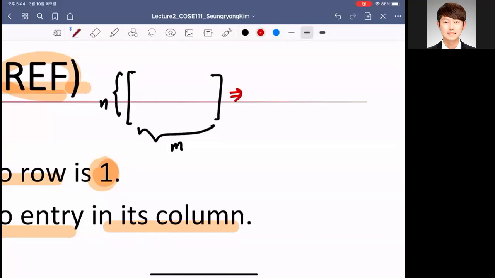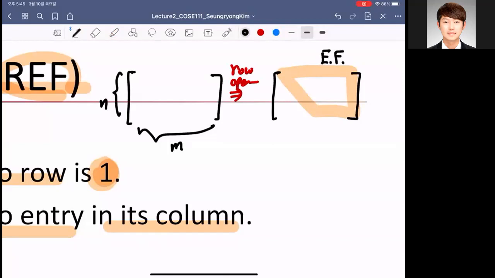By using row operations, if we can make a new augmented matrix shaped like this, I mean the echelon form, we can determine whether there exists a solution or not.